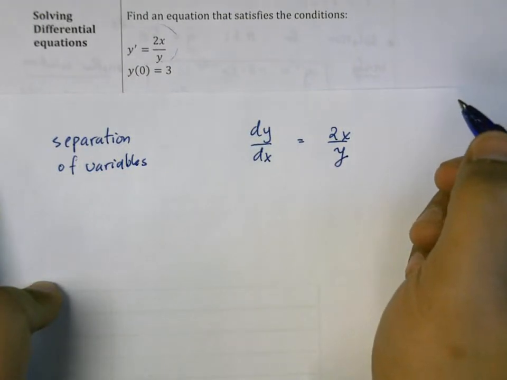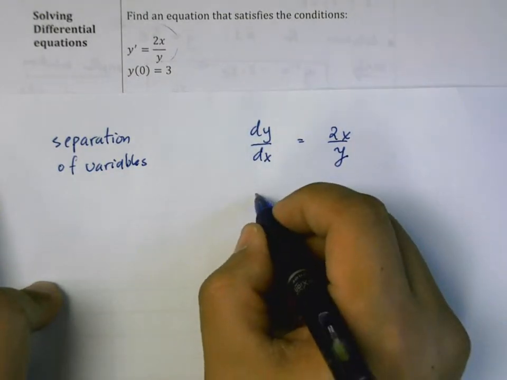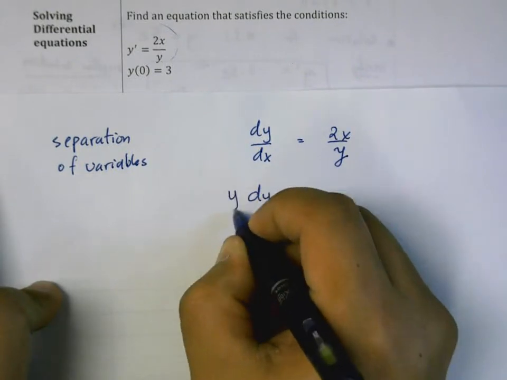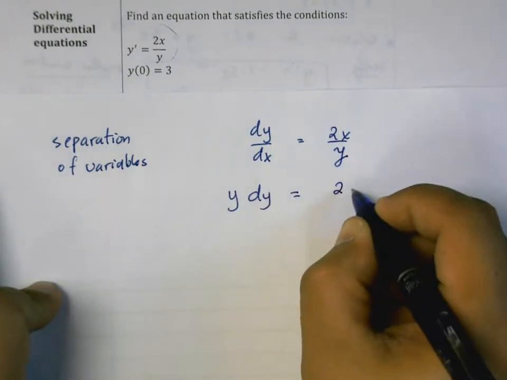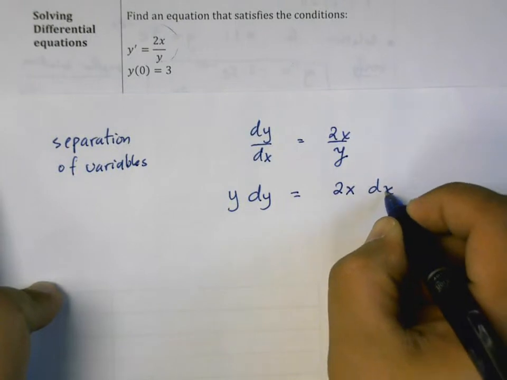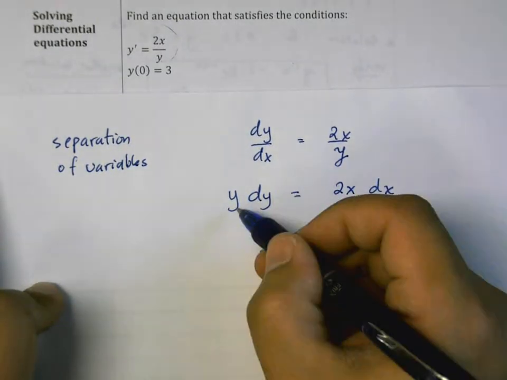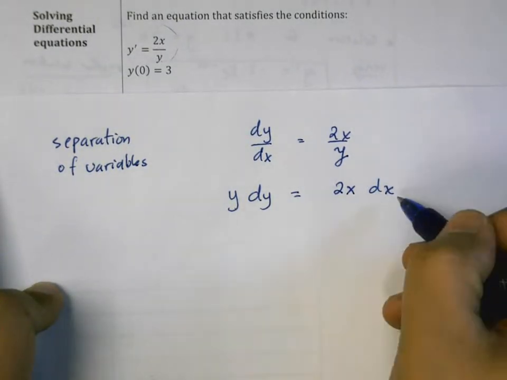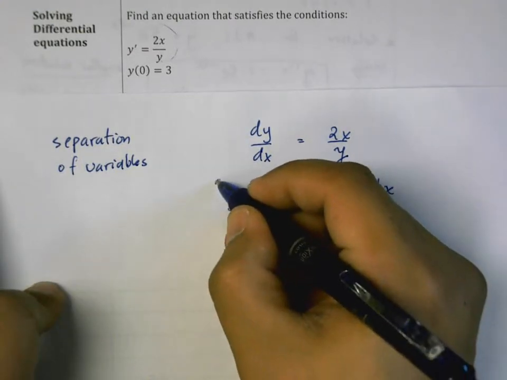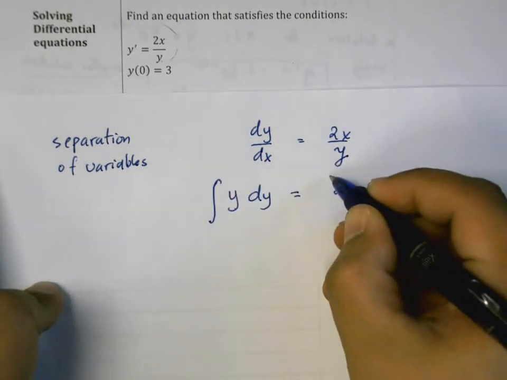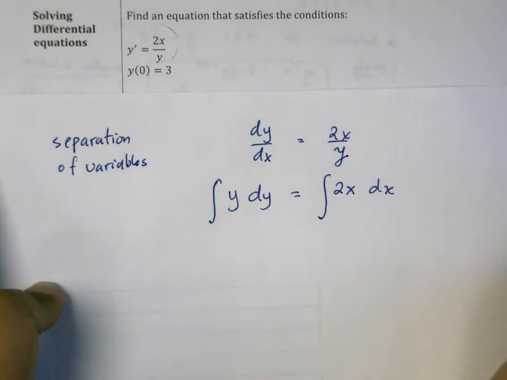Then we can separate these variables, multiply both sides by y, and multiply both sides by dx. So now you have y dy is equal to 2x dx. Then we can integrate, and then look at the results of this problem.